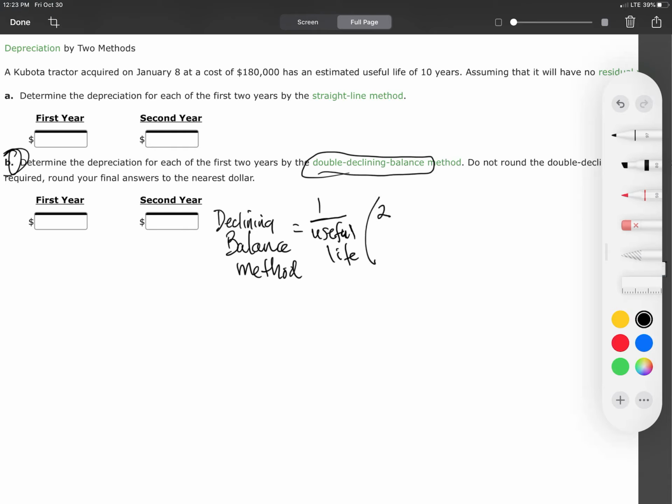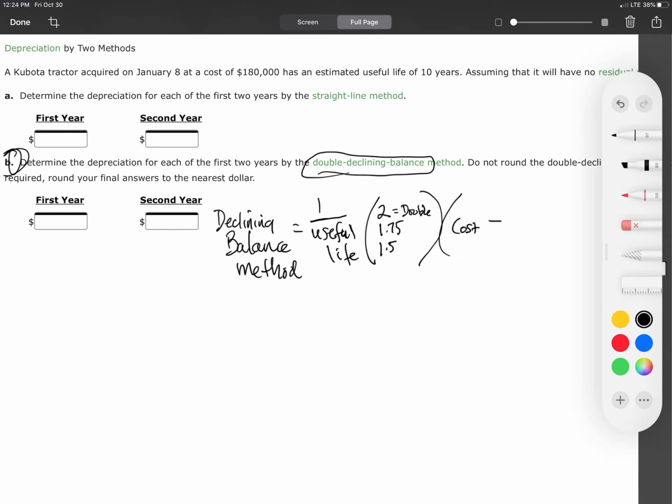Now, the next step is to multiply by 2 or 1.75 or 1.5. 2 is most accelerated and 1.5 is least accelerated. But most people choose 2 and they call that double. But you have 3 choices of acceleration.